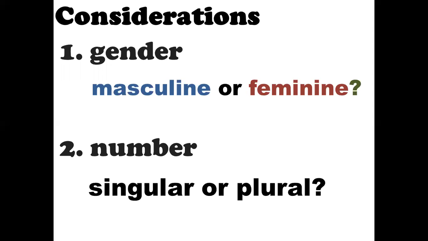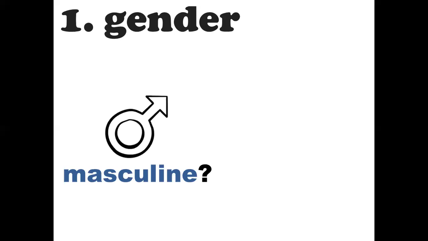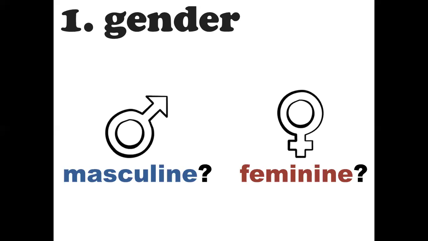Nouns are not treated like verbs. Verbs don't have masculine and feminine forms. So let's get started with gender, because in English, we don't have this in a grammatical sense. So we have to ask ourselves with every Spanish noun that we learn, is it masculine or is it feminine?